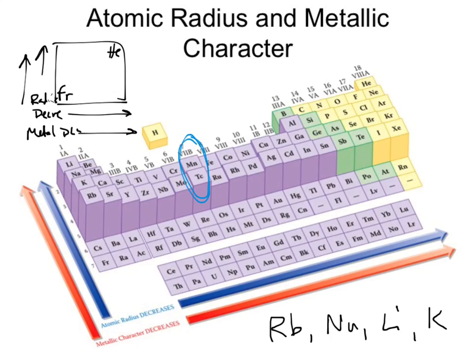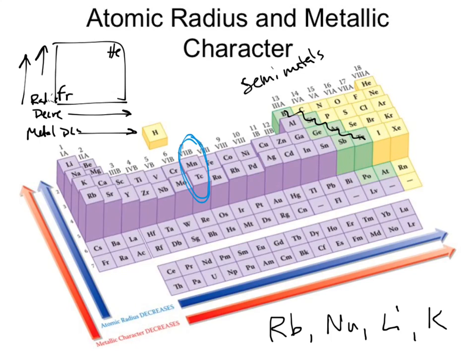Our green elements are what? Not our transition metals, but our metalloids or our semi-metals. Why are they semi-metals, or why would you even refer to them as transition metals? Well, that's a bad reference. Don't make that one. What's happening as we move through the semi-metals?